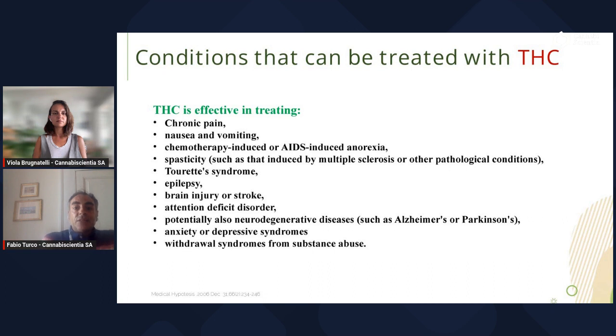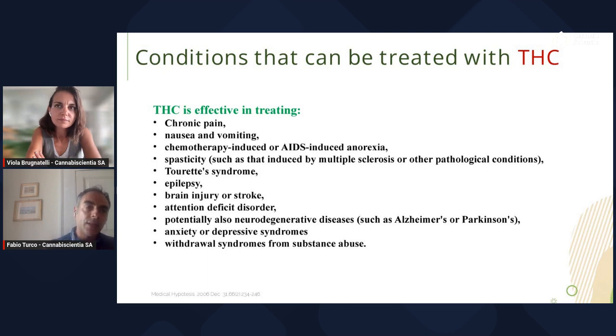Indeed, THC can reduce tics and other symptoms of Tourette's syndrome by modulating dopamine release in the central nervous system. THC is effective in treating epilepsy. Indeed, it can reduce seizures because it reduces neuronal excitability.